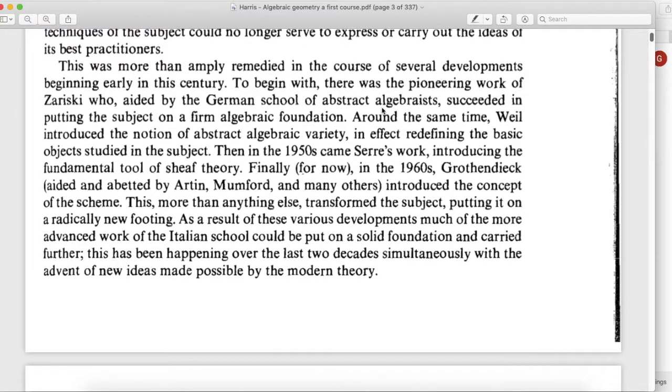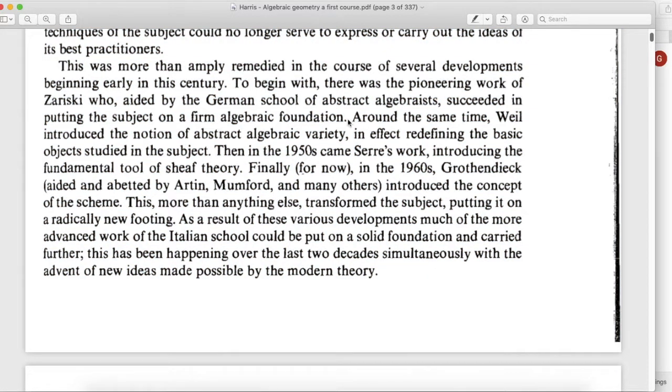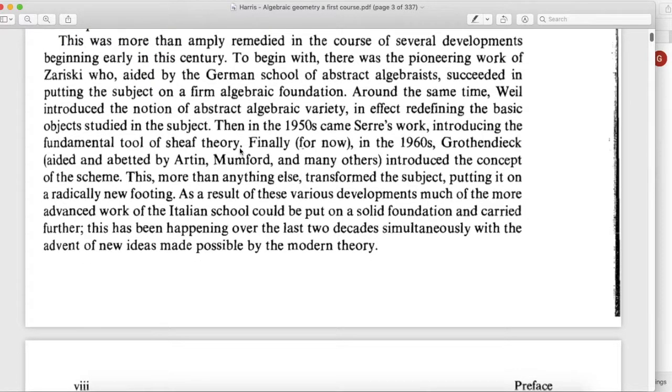So there's Zariski, the abstract algebraists. Weil introduced the notion of abstract algebraic variety. I think Weil's name is in the Taniyama-Shimura conjecture as well. In effect, redefining the basic objects studied in the subject. I think this is what Fulton was talking about with the old way versus the modern approach, that the modern approach is more difficult.